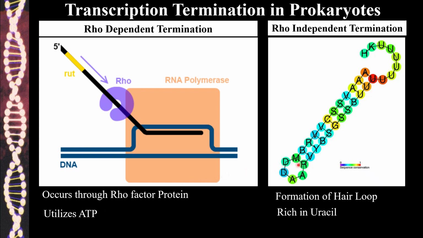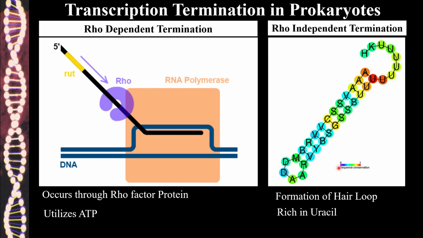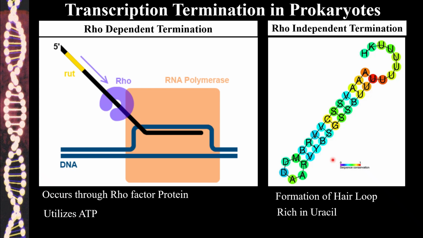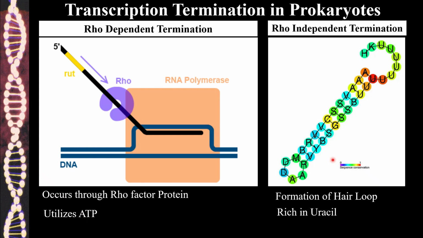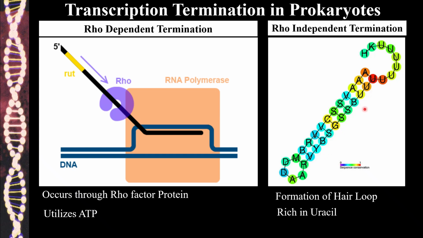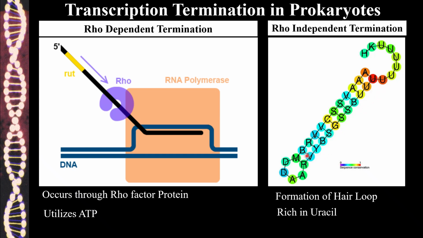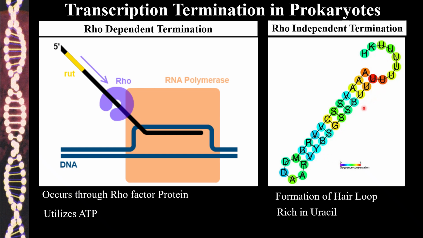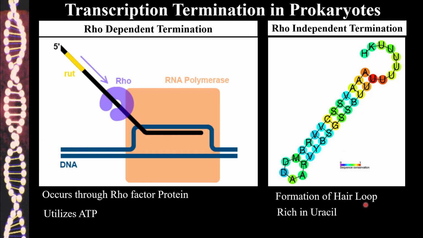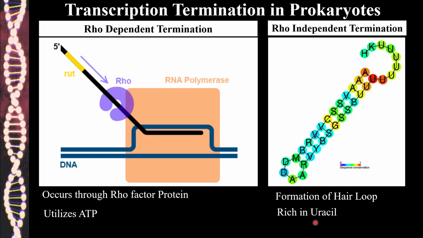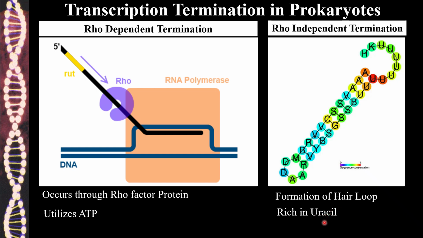It requires the presence of energy to perform this process. There is the other method in which sometimes these DNA sequences may form complementary base pairing, the self-complementary base pairing, which will lead to the formation of a hairpin loop. This hairpin loop is basically formed because the sequences are rich in uracil.